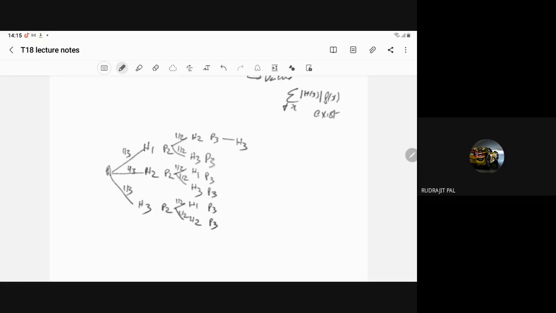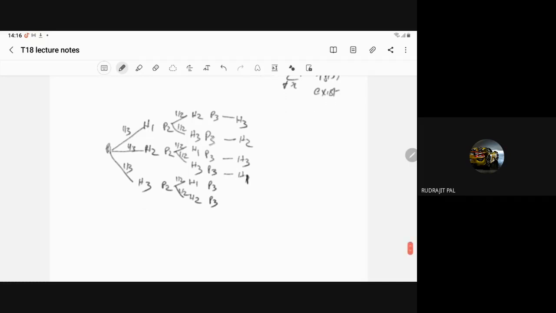If first person has chosen hat 1, second person has chosen hat 3, so third person can choose only hat 2, right? Similarly, hat 2, hat 1, so here we have the choice of hat 3 only. Hat 2, hat 3, so here we have the choice of hat 1, right?